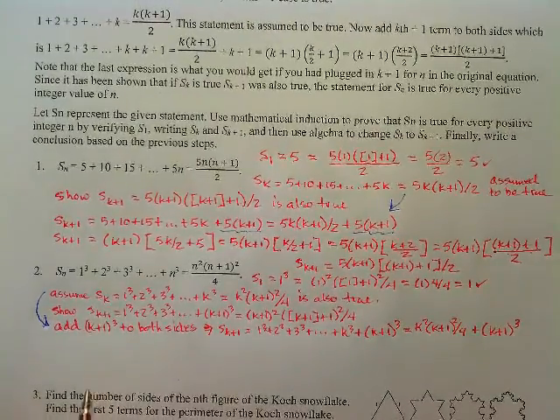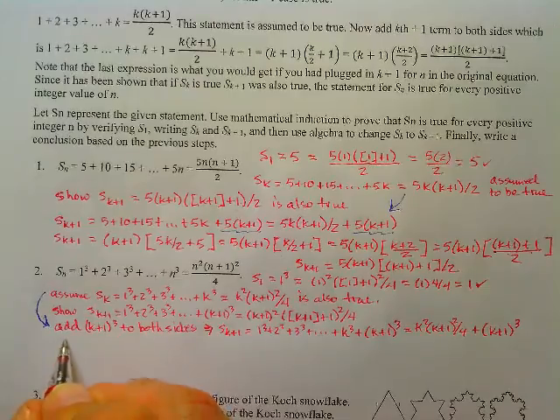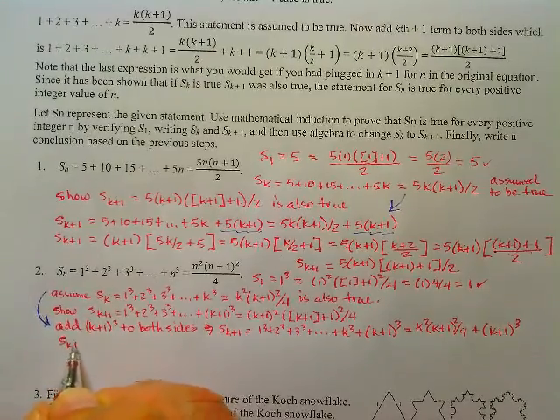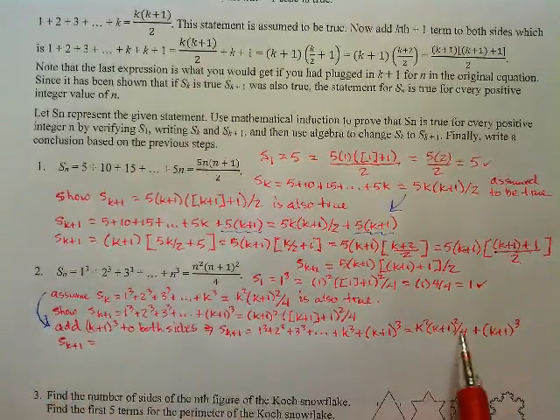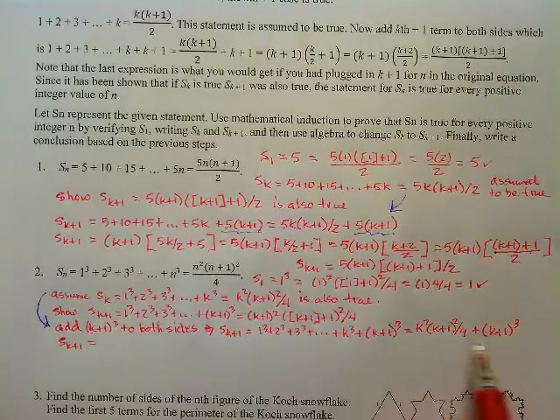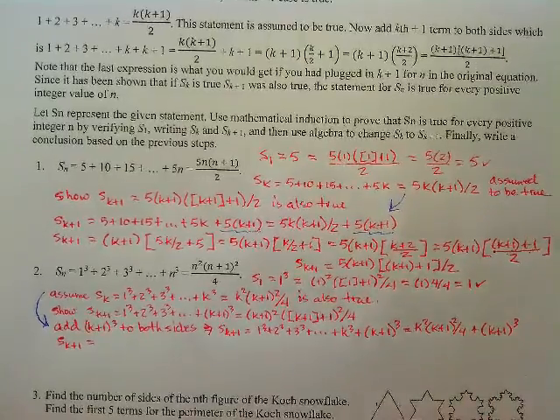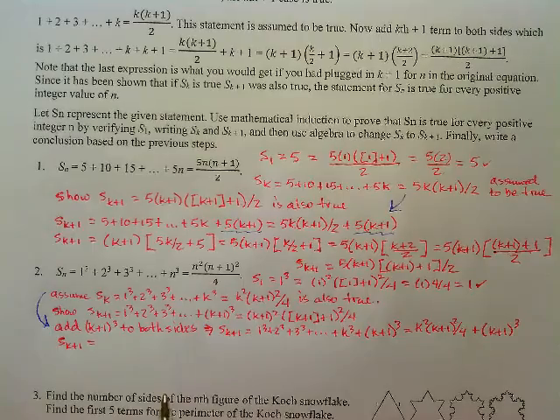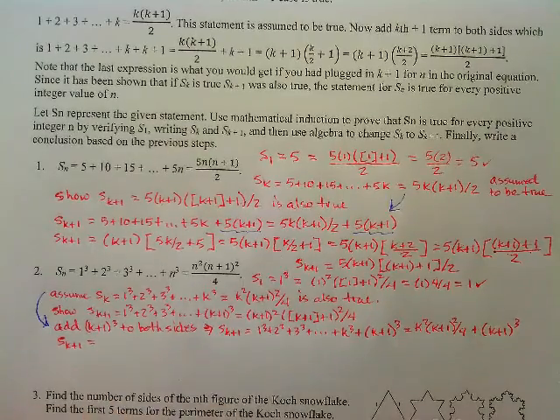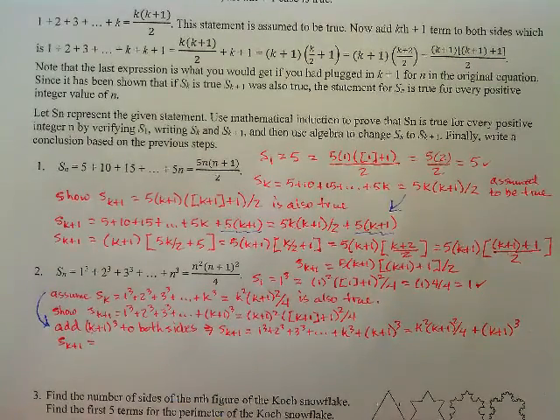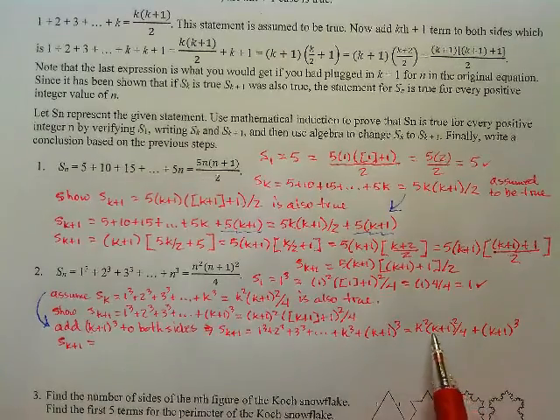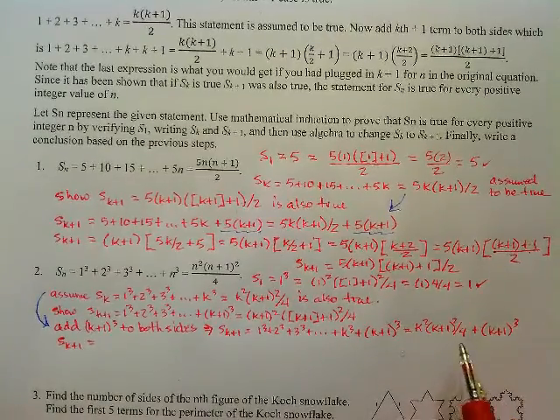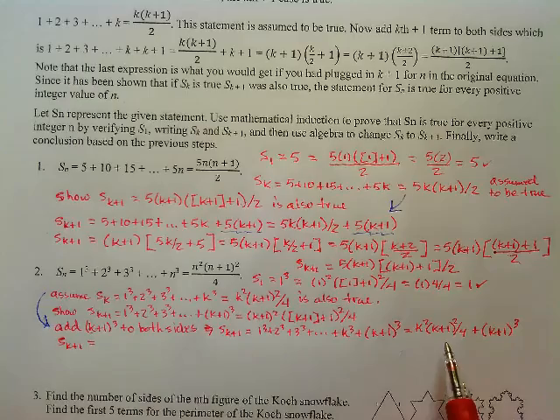So now I have the sk plus 1, and we're going to do some algebra on this part over here. Okay, so we have a k plus 1 squared here.